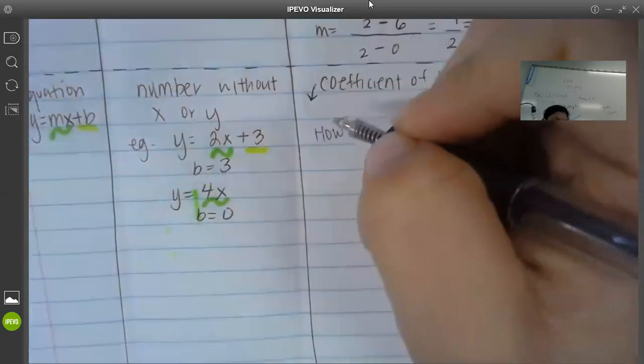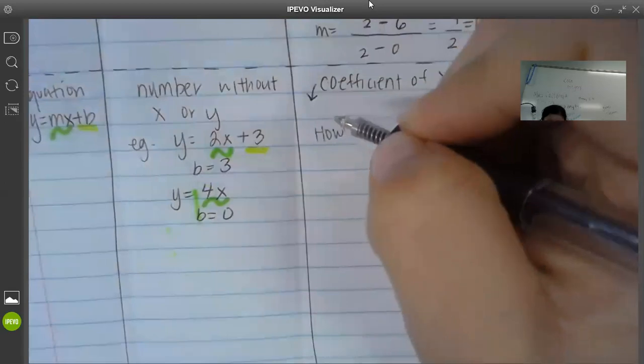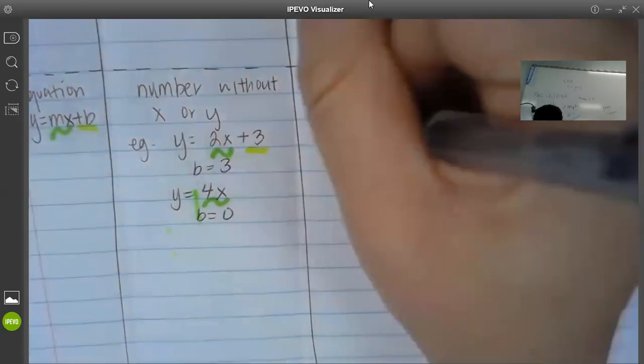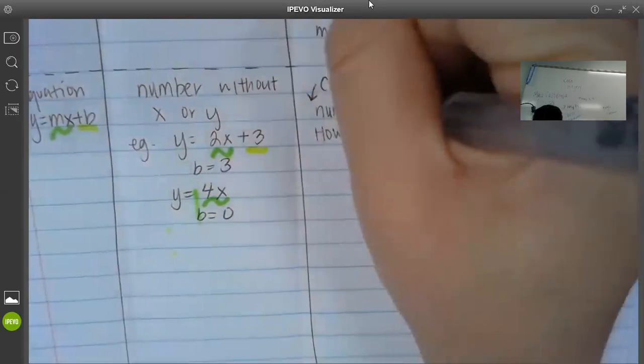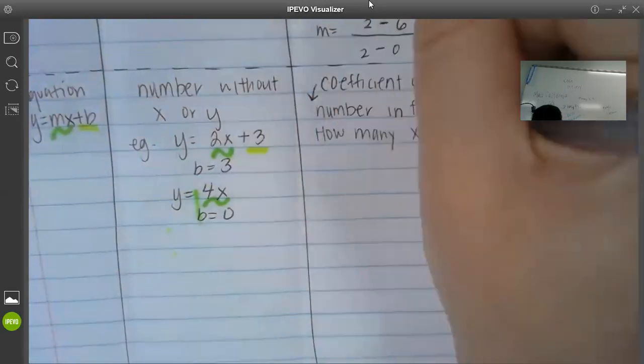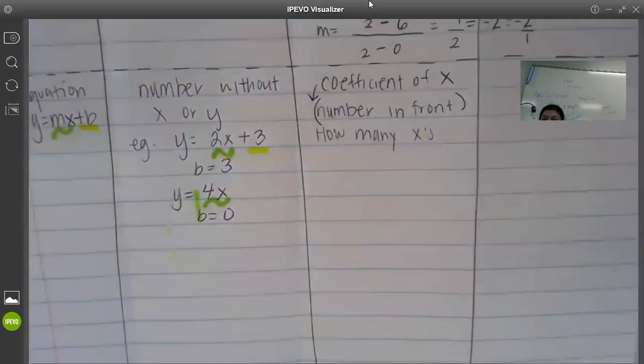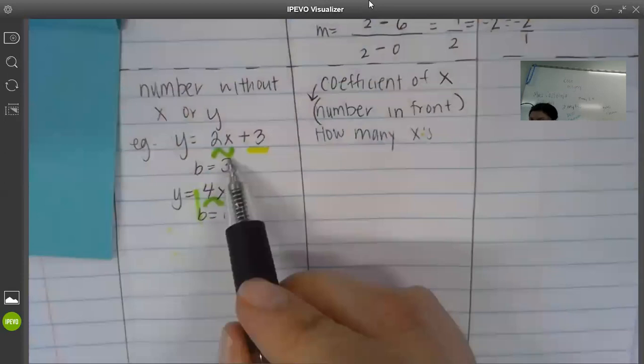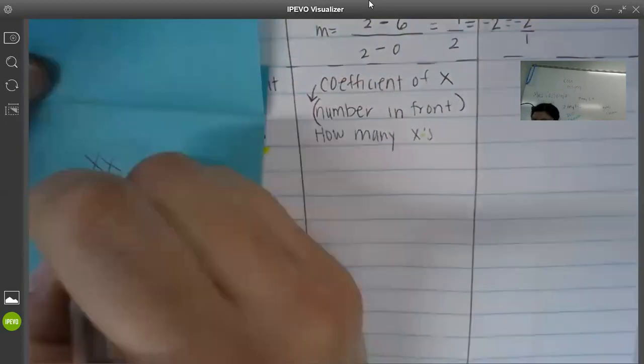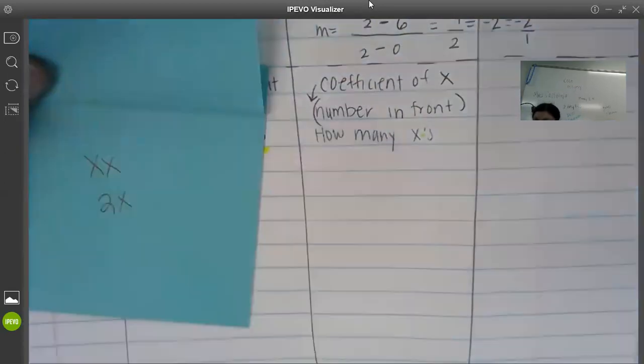It's the number in front of that letter. It tells you how many of that letter there are. So instead of writing literally, for example, if I have 2 x's, which I do here, I just write the number to represent how many there are.